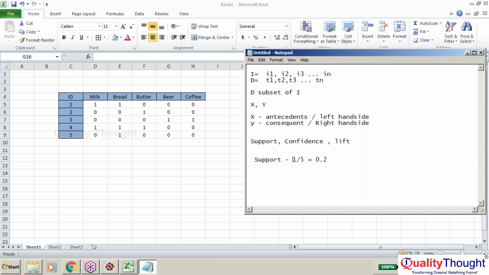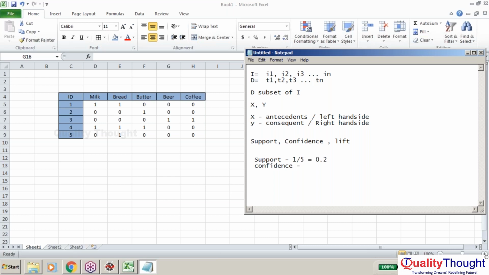And the next one, confidence. Confidence is an indication of how often a rule can be found to be true.